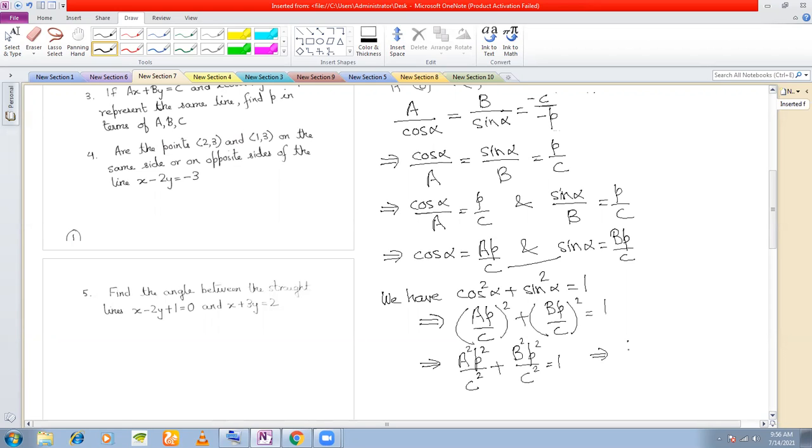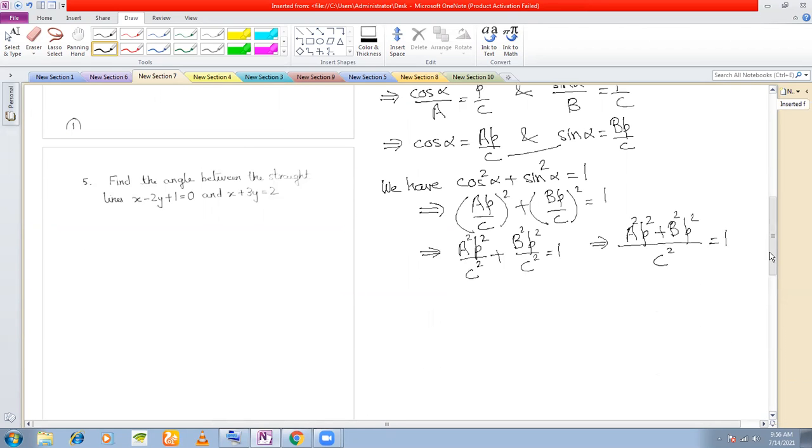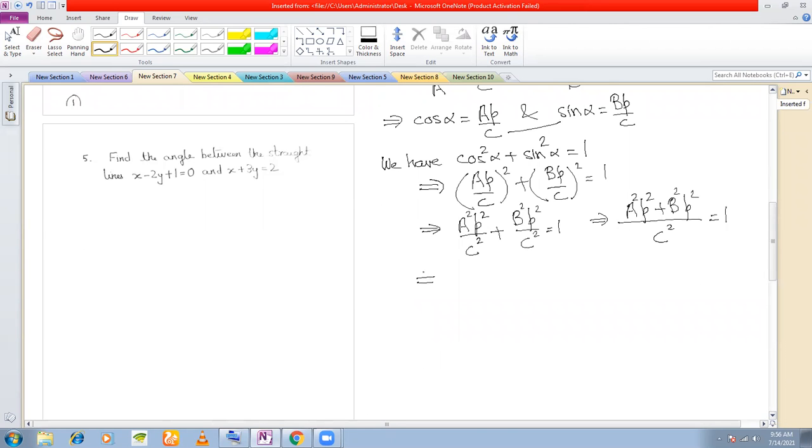Take the LCM: a square p square plus b square p square divided by c square is equal to 1. Now cross multiply and take p square common, you will get p square into a square plus b square is equal to c square, which is the required relation.